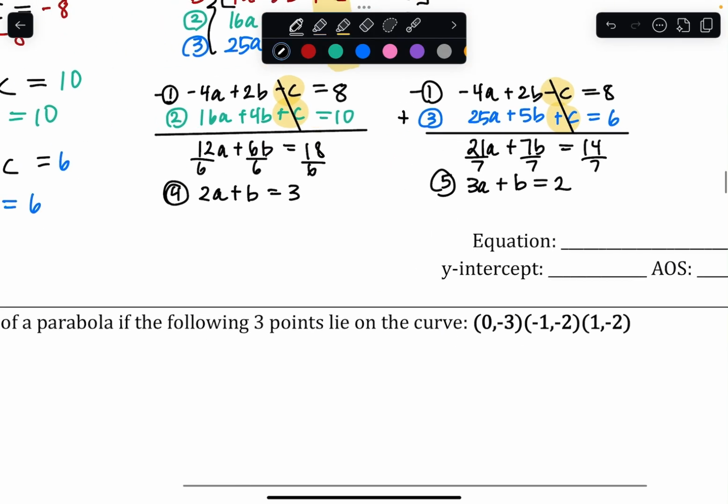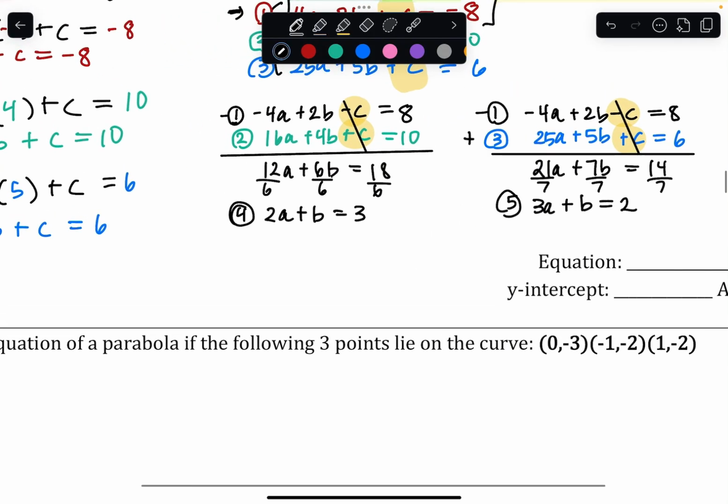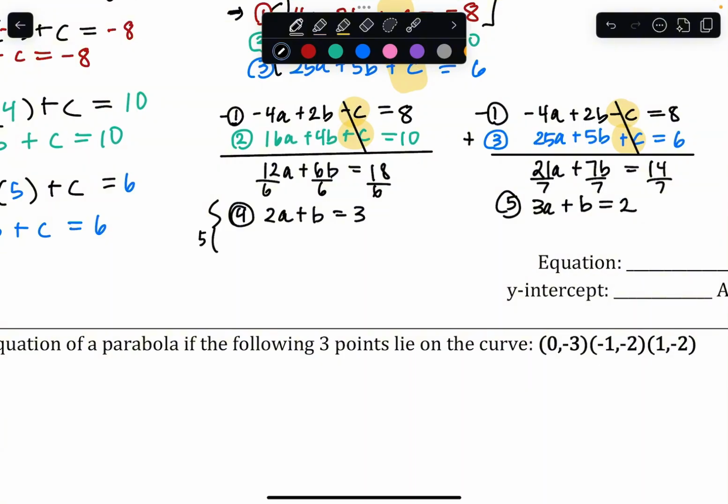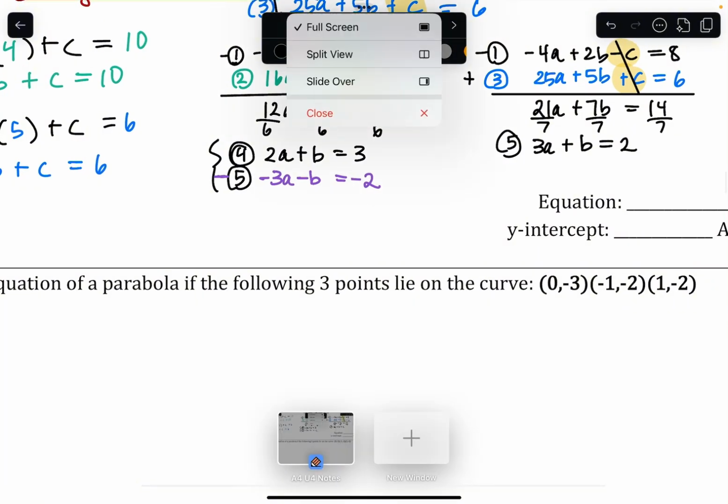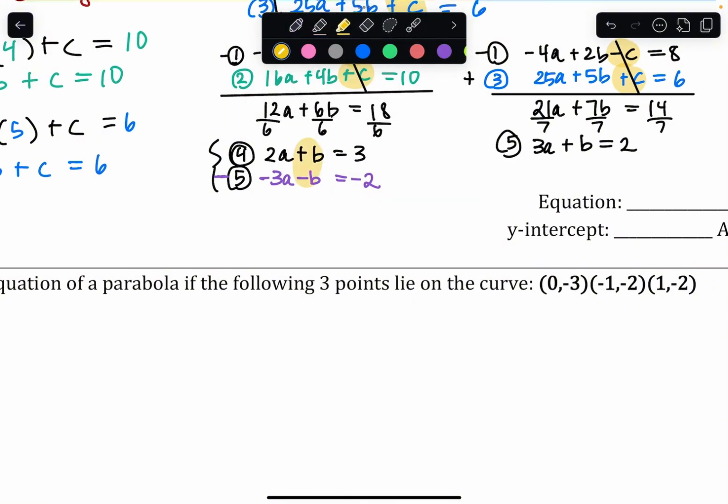Okay, so equations 4 and 5 join together, and then we can use elimination easily to solve for the b's. If I make equation 5 negative, I would have negative 3a minus b equals negative 2, and then the b's will cancel. That's why I made it negative.